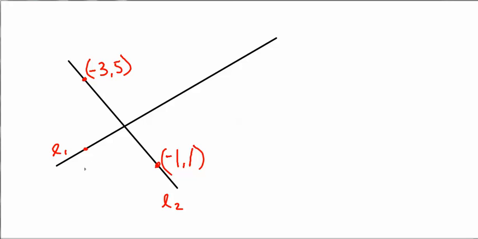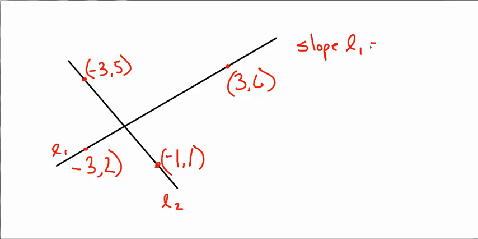Let's make that one -3 and 2. So find the slope of line 1, and then find the slope of line 2.